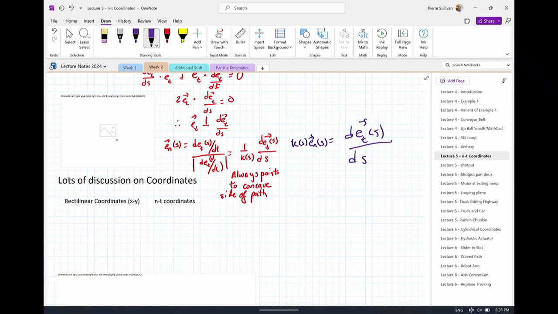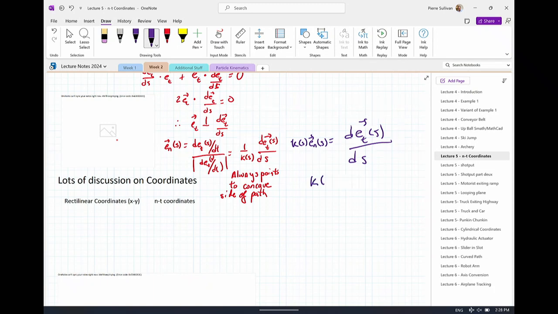And so I don't like using kappa. Kappa is curvature. I've got to describe it in a way that's kind of weird, but I would like a radius. And if you remember at the very beginning of the discussion on this, I showed you these rho terms. The rho is the radius of the curvature, so the imaginary circle you draw to that point.